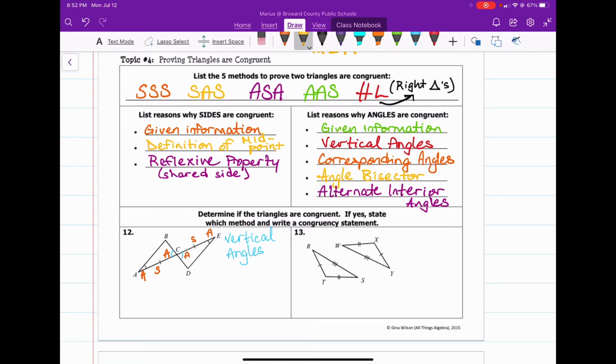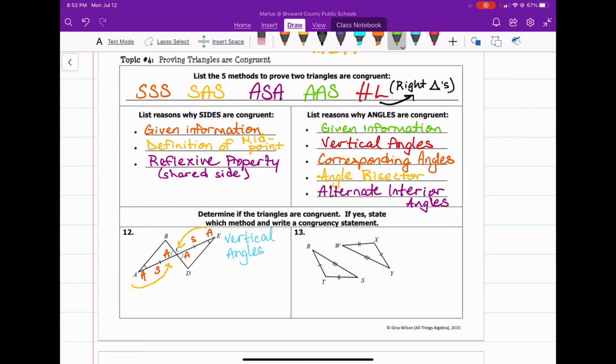And another thing that I always suggest is to draw an arrow in the direction that we made these markings. We made the markings going that way in the first triangle, and then in the triangle to the right we actually made the markings going this way. Okay, now that's important when we have to write our congruency statement.